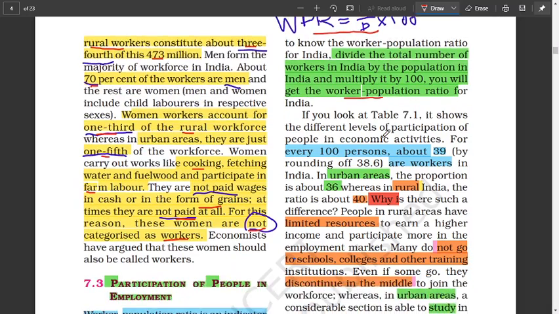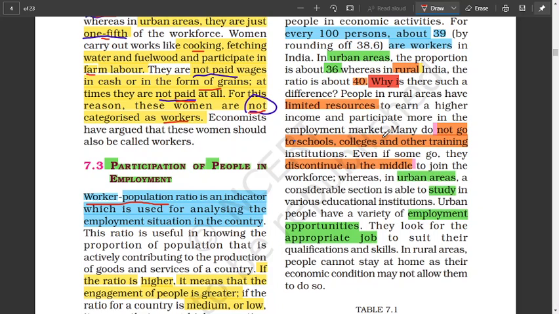Let's do that for India. First, let's talk about percentage. Out of every 100 persons, about 39 are workers in India.